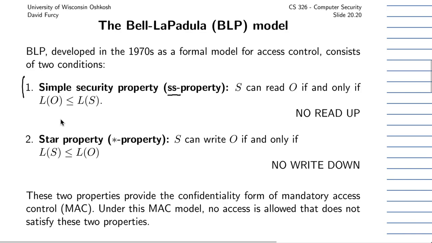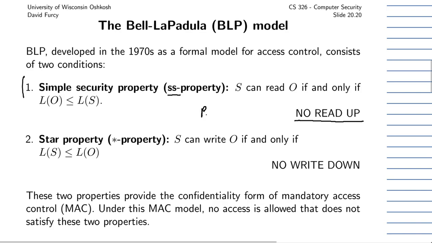But they are not allowed to read documents at the top secret level. So another way to summarize this simple security property is to say no read up. Again, a subject at a particular level is not able to read a document or access a resource at a level that is higher than their clearance. And that seems pretty obvious, so the name simple security property makes sense.